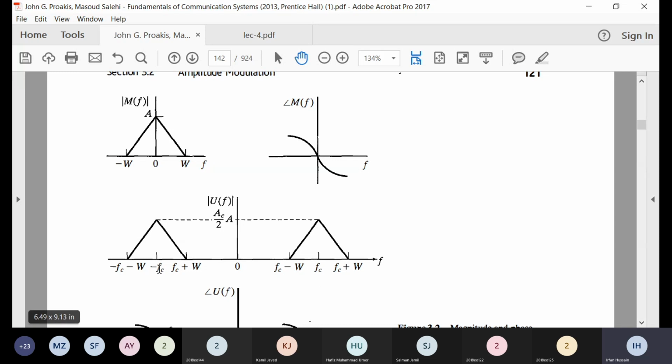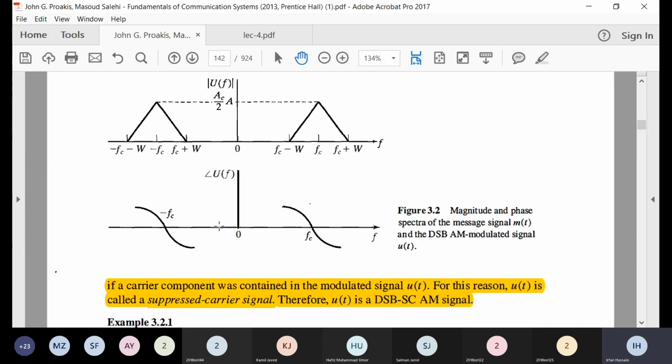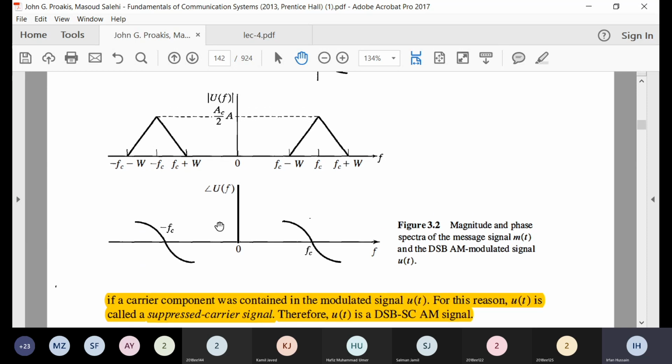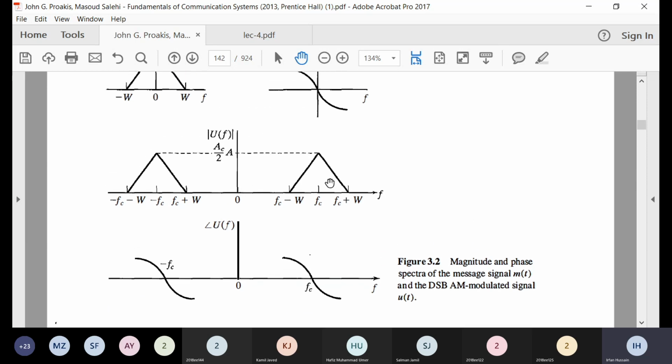This total is shifted to minus fc, and its amplitude will now not be A, but it will be A_c over 2. Why A_c over 2 in Fourier? Because first of all, you are multiplying it with A_c cos, so A_c will come. Then cos is actually exponentials divided by 2, so the factor of 2 will also come. Then the phases will again be translated to fc like this.